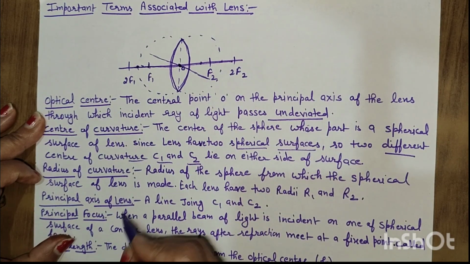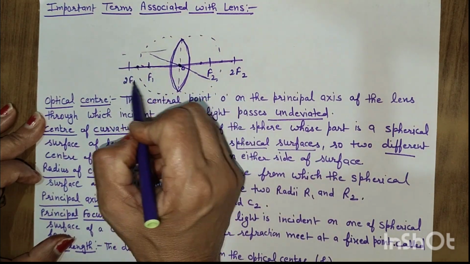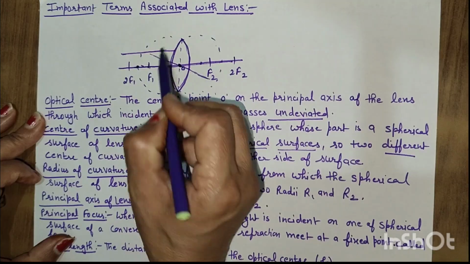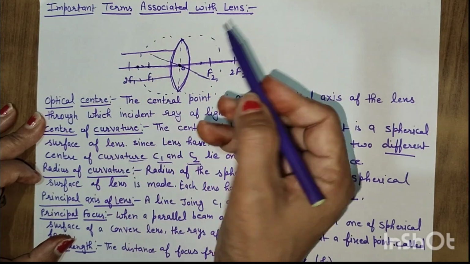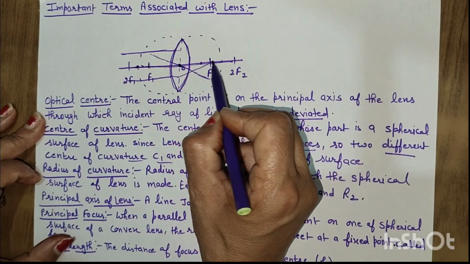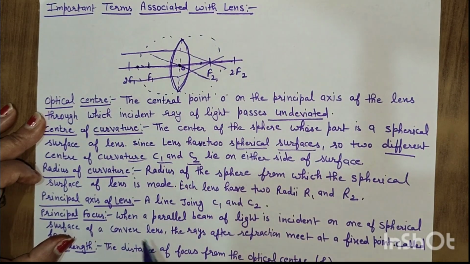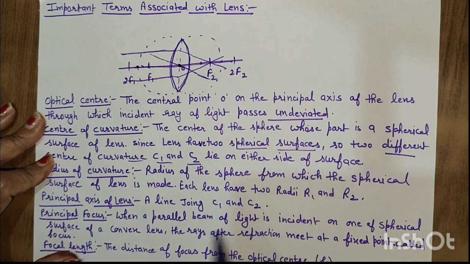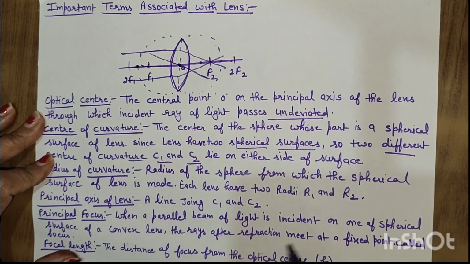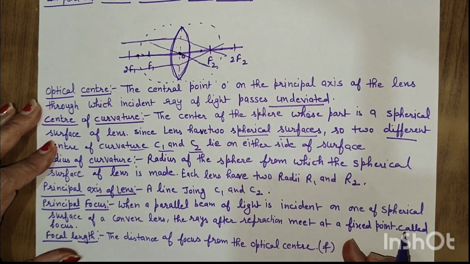Now the principal focus. When a parallel beam of light is incident on one of the spherical surfaces of the convex lens, the rays after refraction meet at a fixed point, and this point is called the focus.